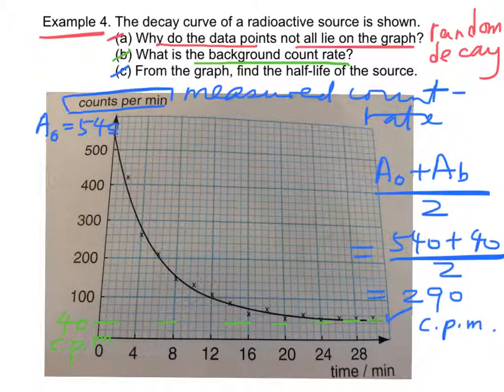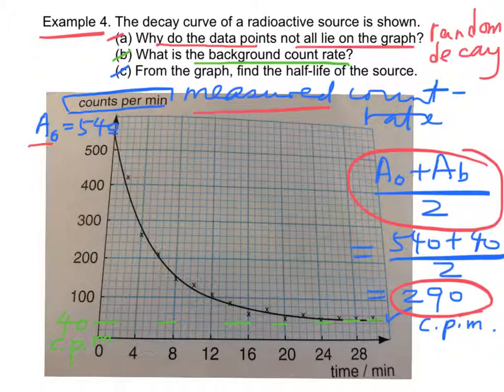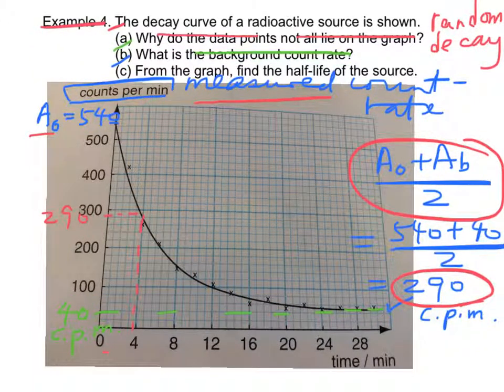Therefore, the half-life can be found from the graph. The time for the measured count rate to drop from A lot to A lot plus AB over 2, which is 290. Therefore, the half-life time is approximately equal to 4 minutes.